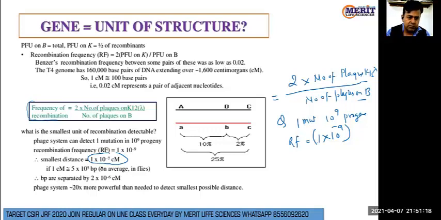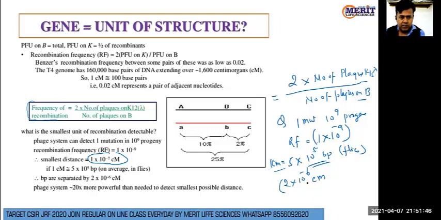What can you adjust? 1 centimorgan that has been calculated in the flies is 5 into 10 power 5 base pair. How much? 1 centimorgan in flies. Note down. This is 5 into 10 power 5 base pair. And base pair is separated by 2 into 10 power minus 6 centimorgan.